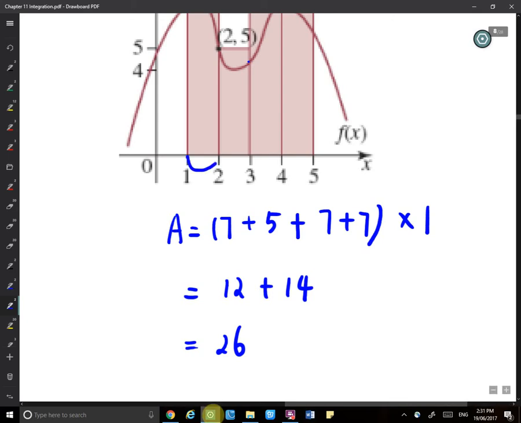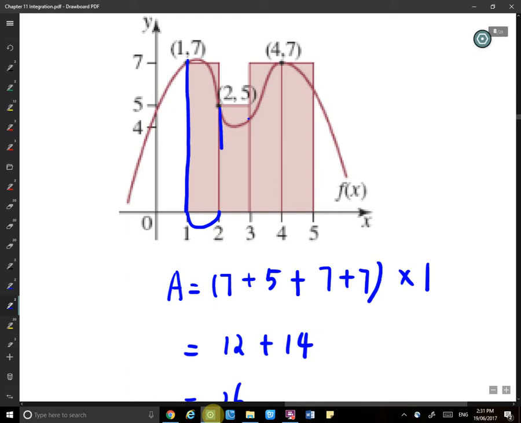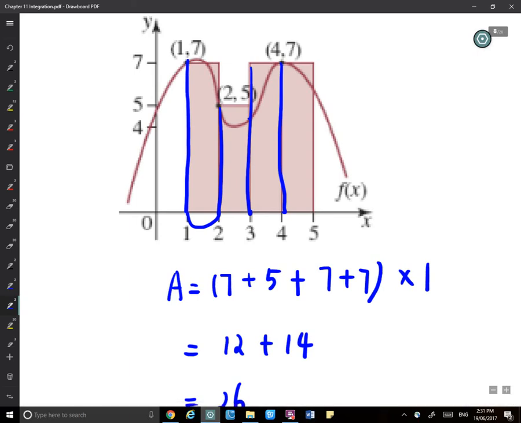Because the width is 1, the heights are the actual heights, this height, this height, this height, and this height, and they all times by 1. So basically you take 1 as your common factor.